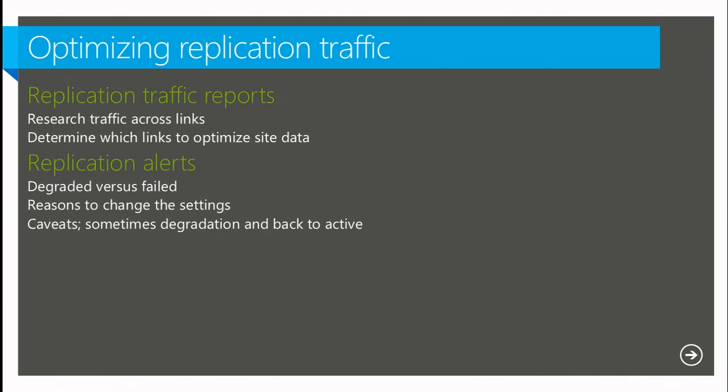Additional to that, the alerting on those links between two different primary sites and a central administration site, what it takes to configure those so that you get alerted when a site replication is looking like it might be going bad, going into a degraded mode, or when it has actually failed.